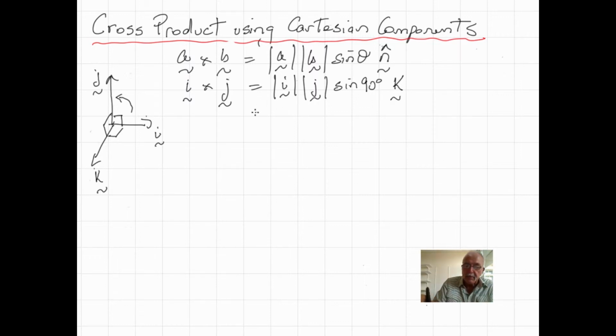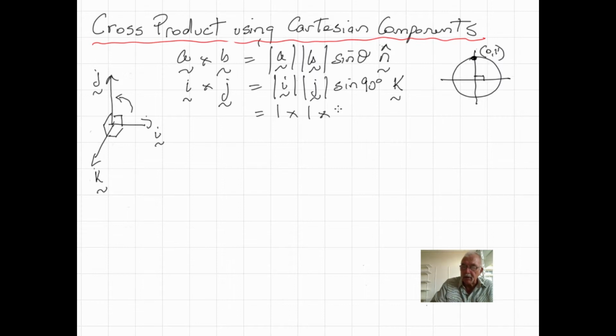So the magnitude of vector i is 1 times sine of 90. If we go back to our unit circle, which has a radius of 1, 90 degrees is up here. The coordinates of that point are 0, 1, and we know from previous work that the sine is the y coordinate.